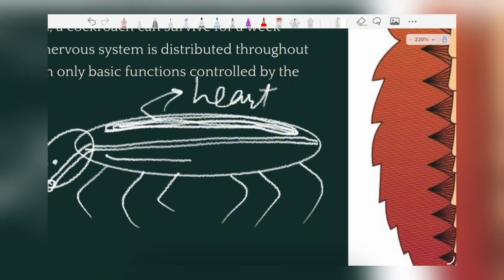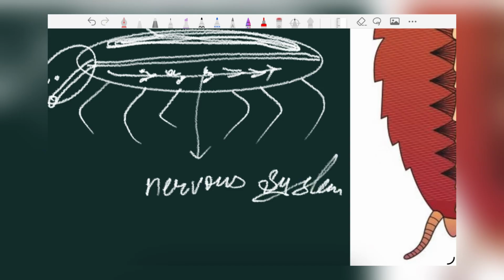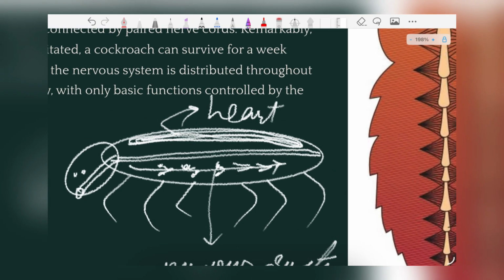Now here, this network, not necessarily a network, contains ganglia. This is the nervous system. And this is the circulatory system.